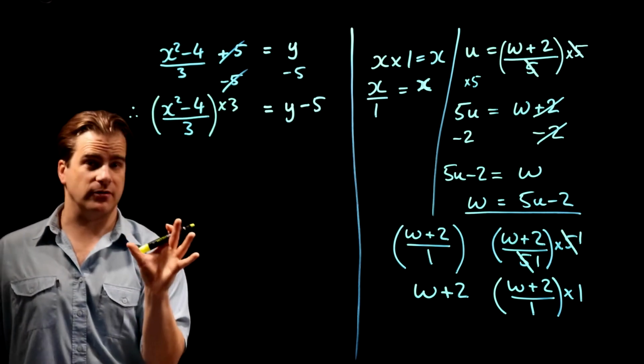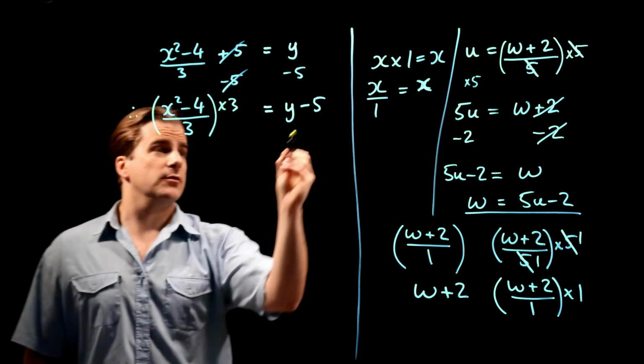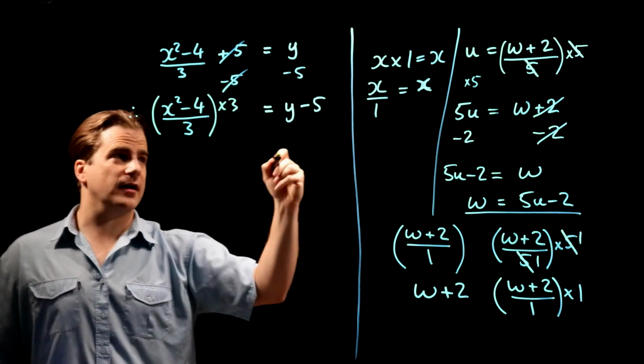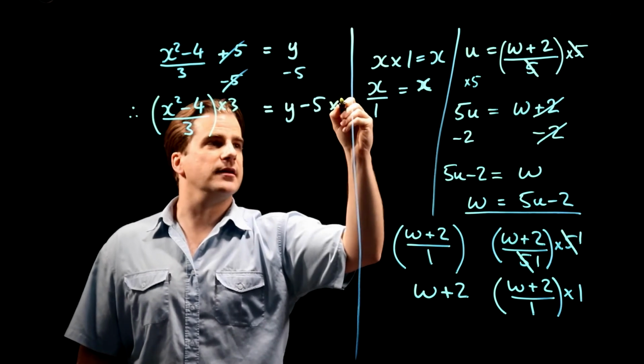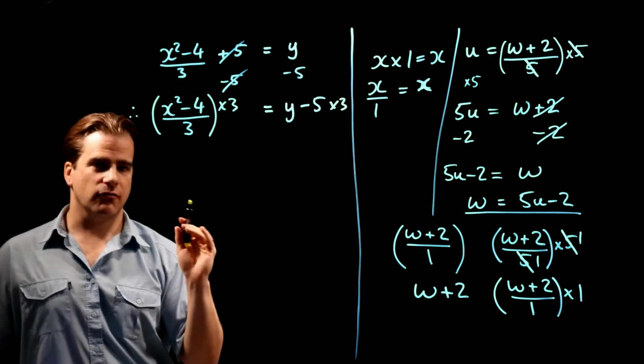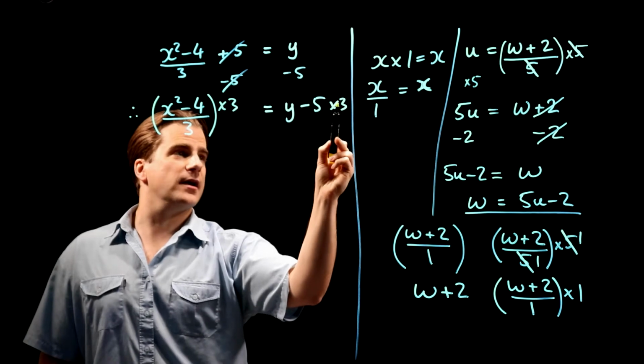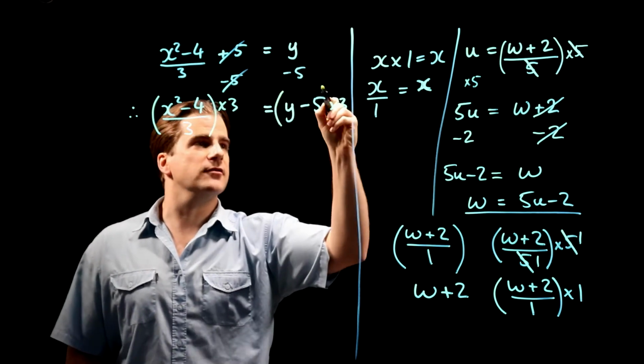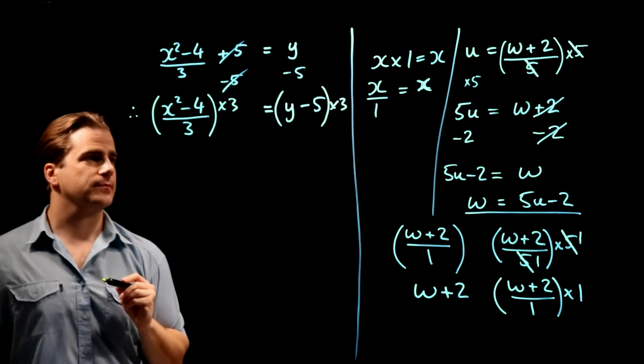Don't be shy about introducing your own brackets. We've got to do it on this side as well, because we don't just have a single term. We can't just write times 3. If I wrote times 3 there like that, it's wrong, because only the minus 5 is being multiplied by the 3. You've got to have the confidence to introduce your own brackets.